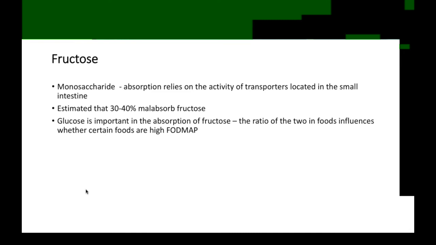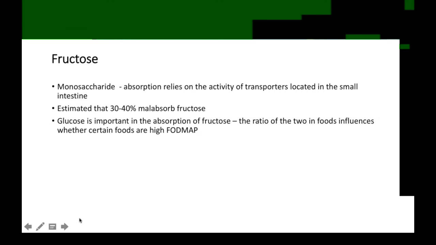So with fructose, again, this is because the absorption relies on the activity of transporters, and this is influenced by the amount of glucose, which is why it's the ratio of the two that is particularly important. And again, I have had clients that do malabsorb fructose.